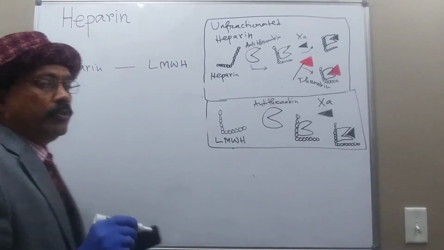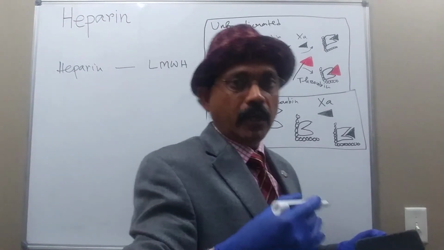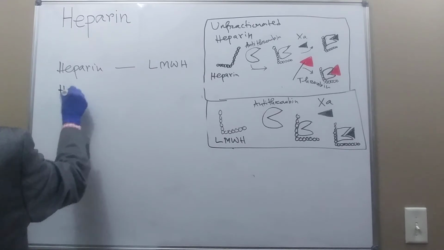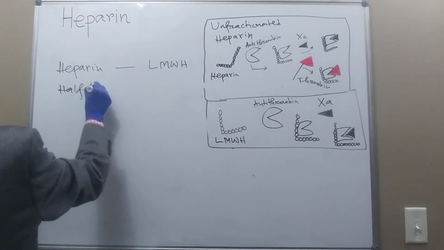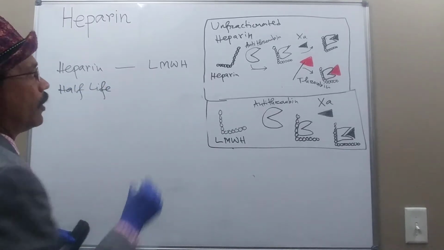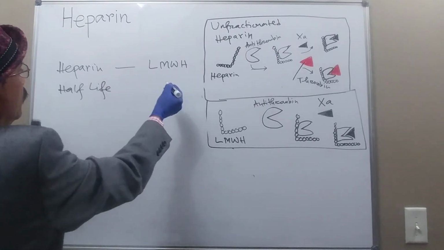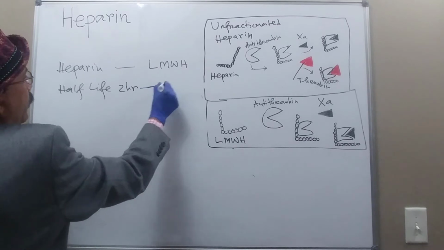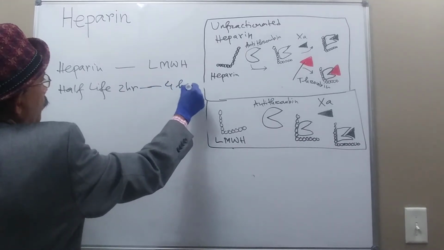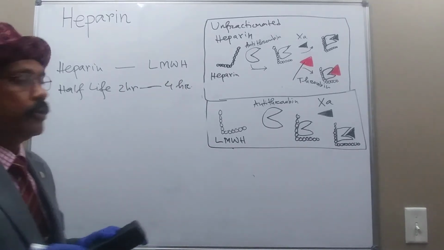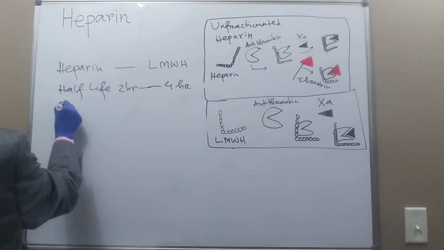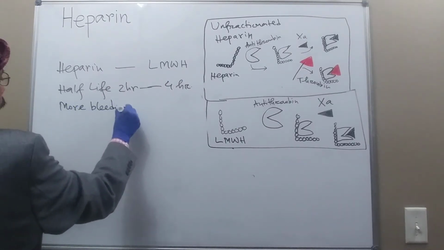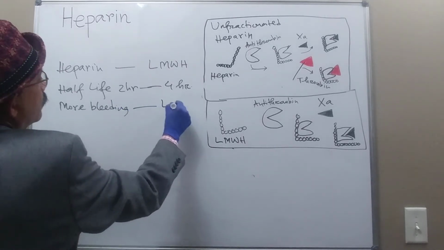Low molecular weight means a molecular weight around 7,000 or less. Here the half-life is around 2 hours, and here it is about 4 hours. It's very important. More bleeding here, less bleeding here.